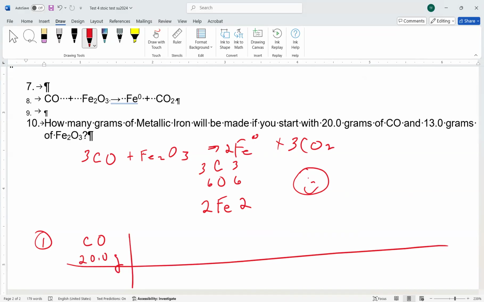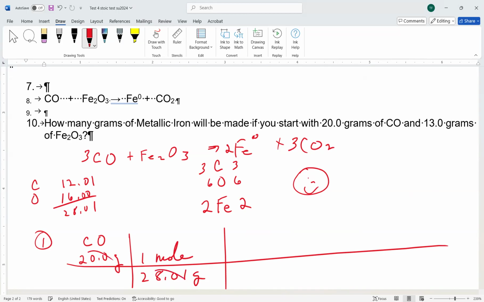Okay, next step is to convert to moles. So CO is one carbon at 12.01, one oxygen at 16. So that's 28.01. Okay, now we're in moles.